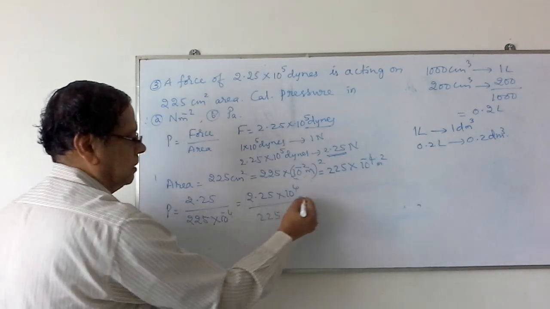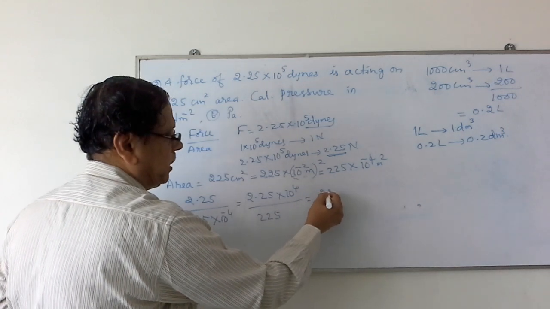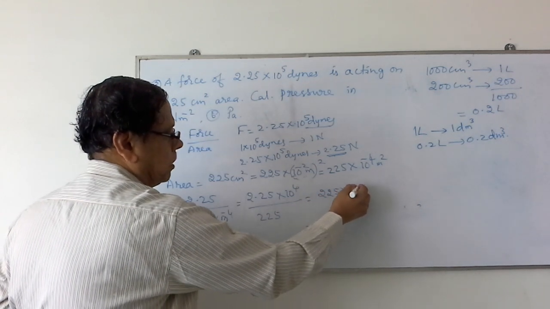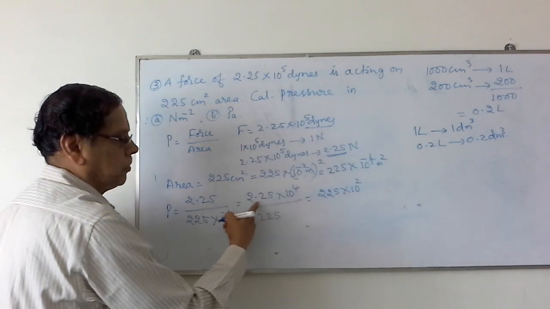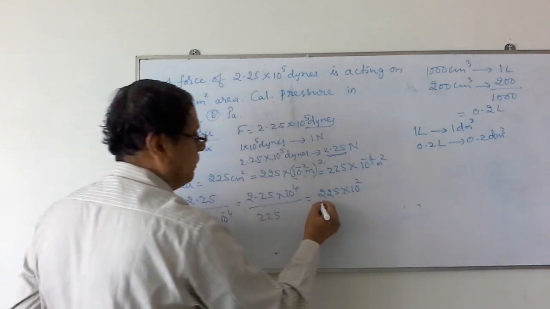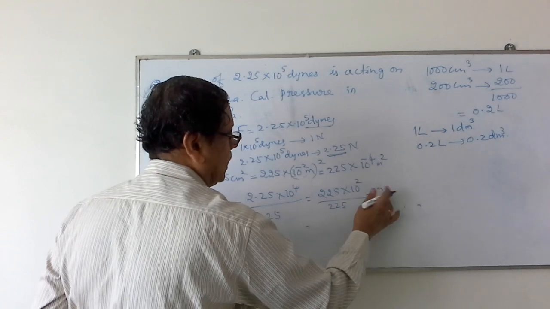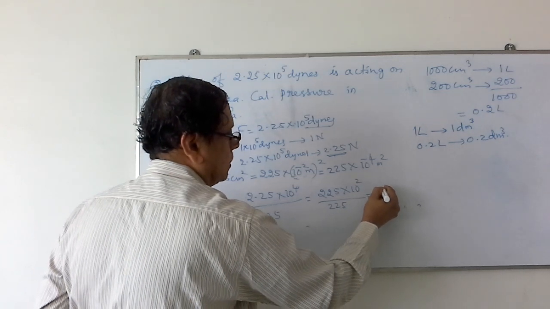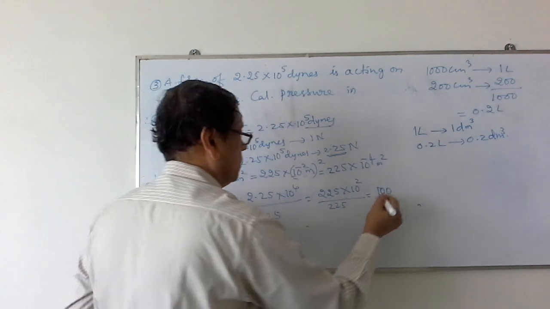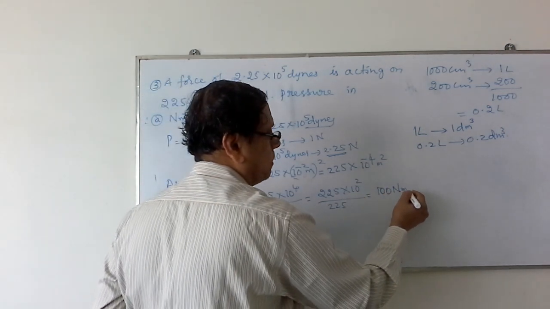So you can just write this as 225 into 10 to the power 2, taking 10 to the power 2 to multiply with this one, divided by 225. So it is 100. The unit for this one is Newton per meter square.